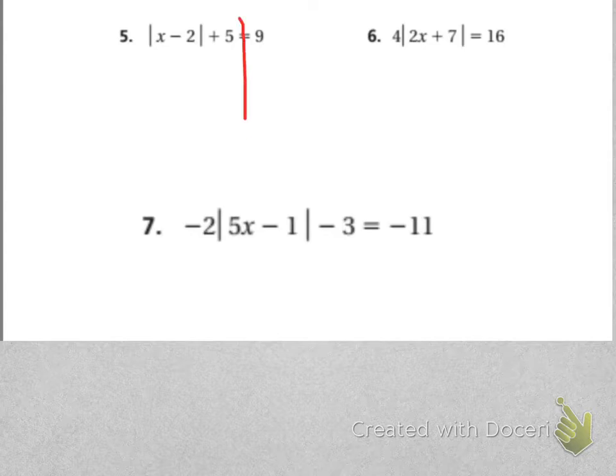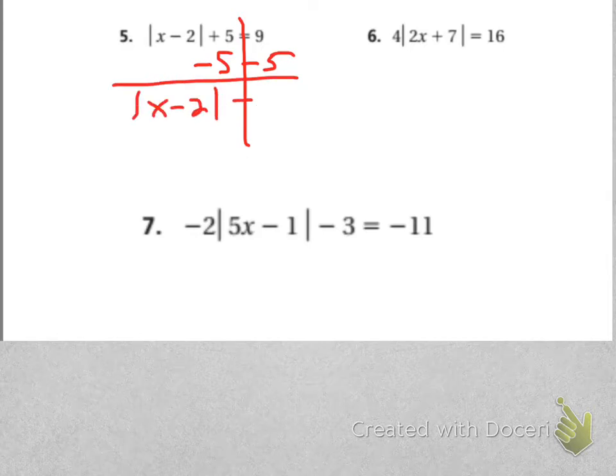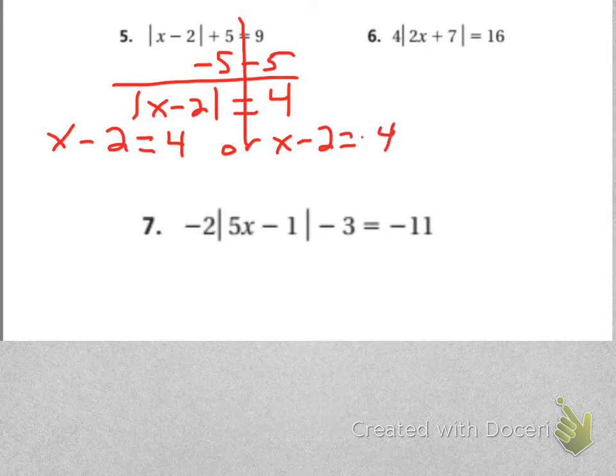So again, this one we're going to split, get in the correct form, minus 5. So the absolute value of x minus 2 equals 4. Now we're in the correct form. Now we just write out our two equations and then solve. So x minus 2 equals positive 4, or x minus 2 equals negative 4.